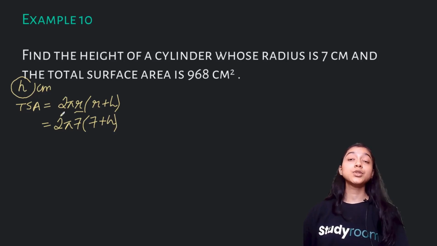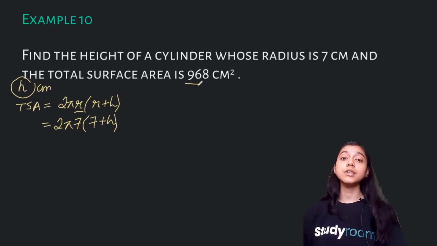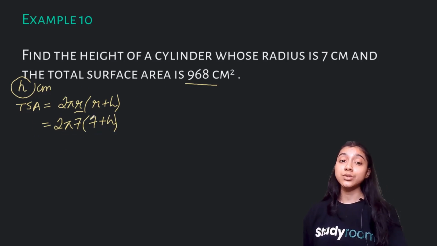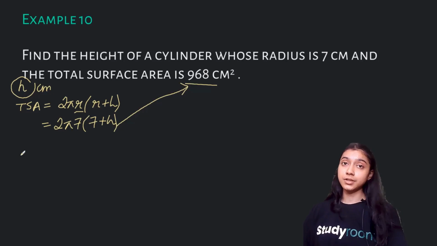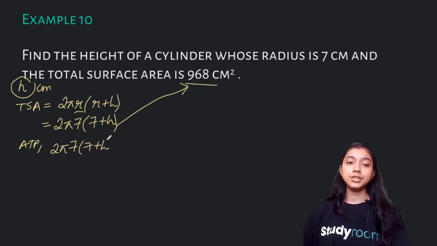So this is actually the total surface area. But in the question, we have been provided that the total surface area is 968. So this quantity, that is 2 pi into 7 within bracket (7 plus h), will be ultimately equal to this given total surface area. So we'll write according to the problem, 2 pi 7 (7 plus h) will be equal to 968.